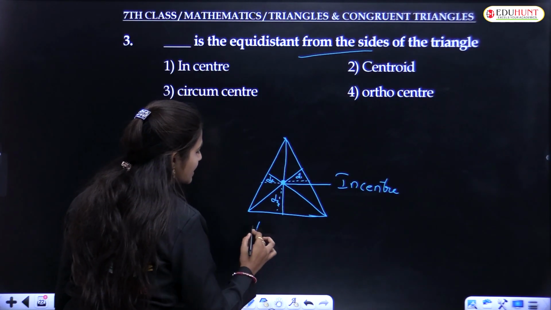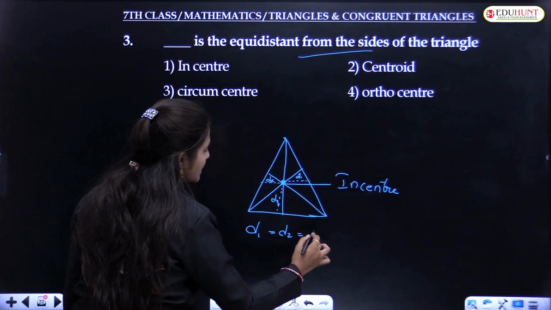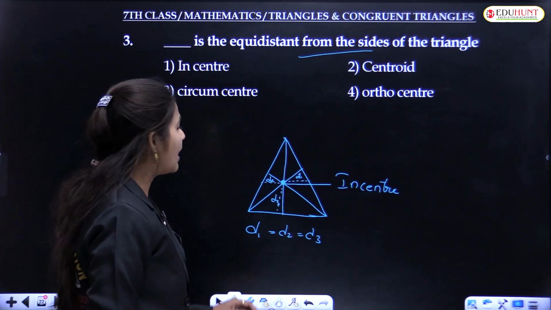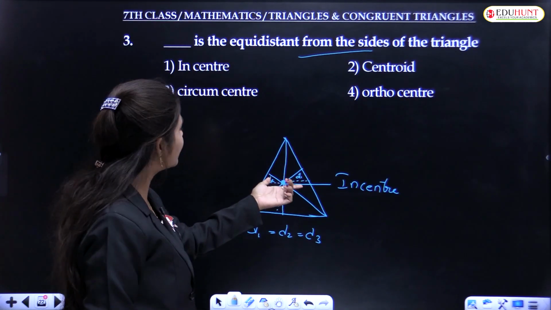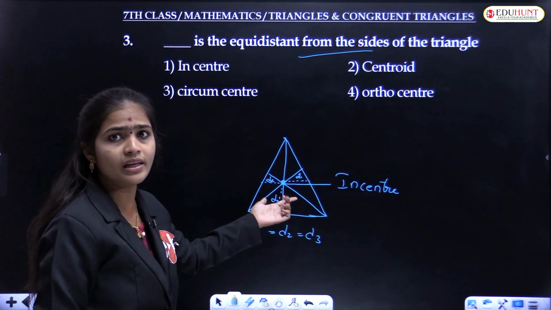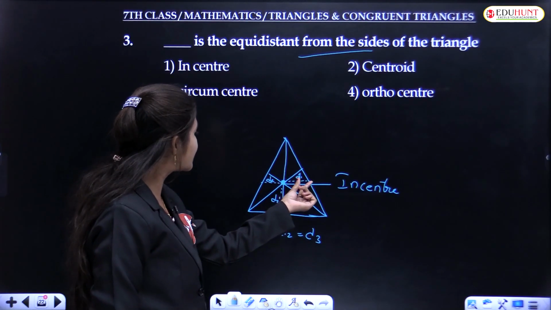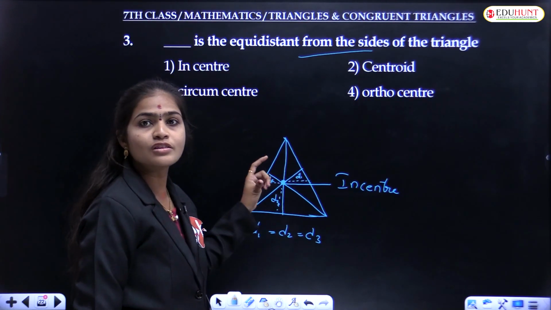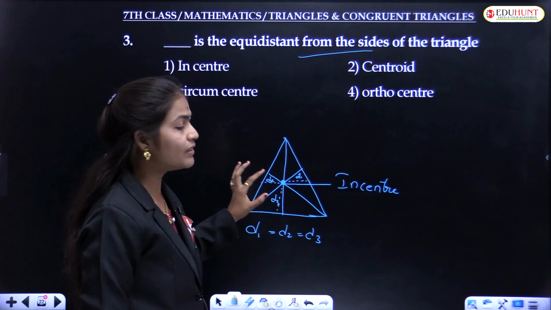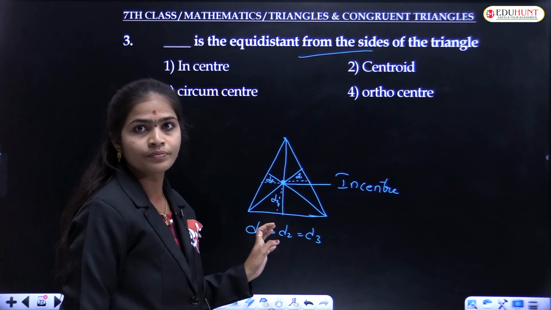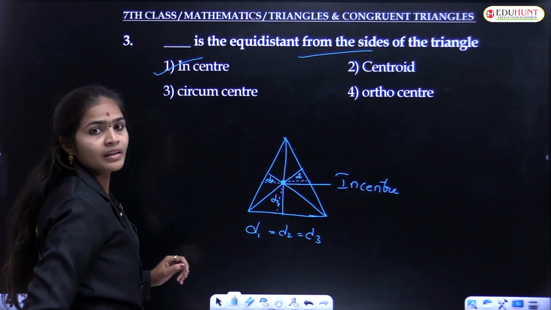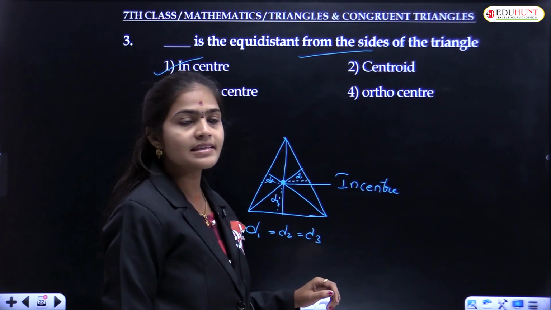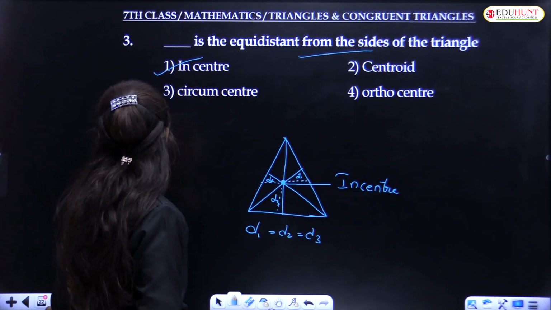So we can say that d1 equals d2 equals d3, because it is always equidistant from its sides. The perpendicular distance from each side to the incenter is always equal. Is it clear to you? So our option is incenter. Is it clear children? Let us see the next question.